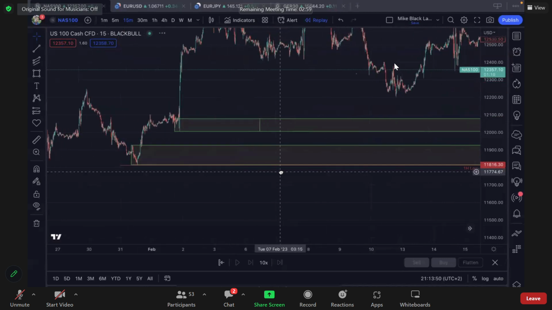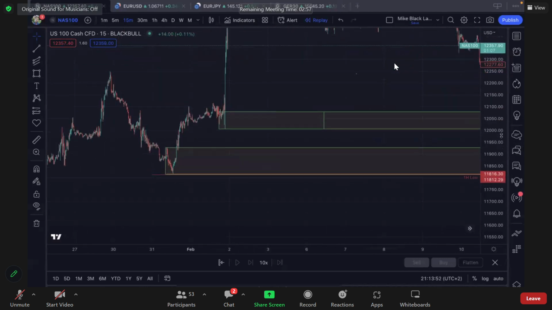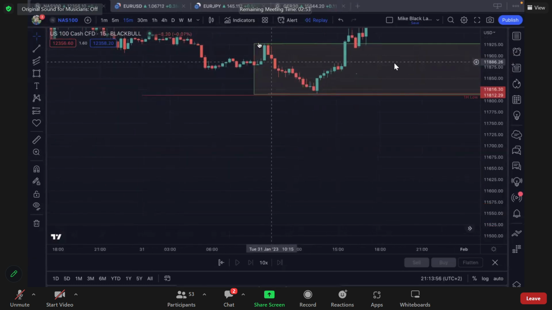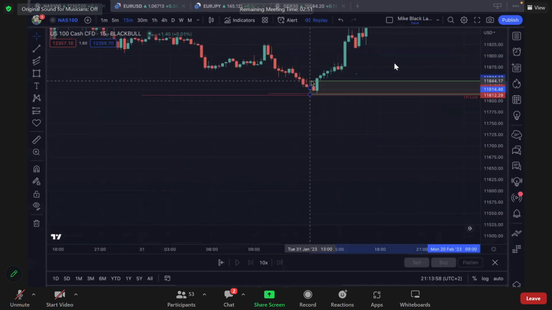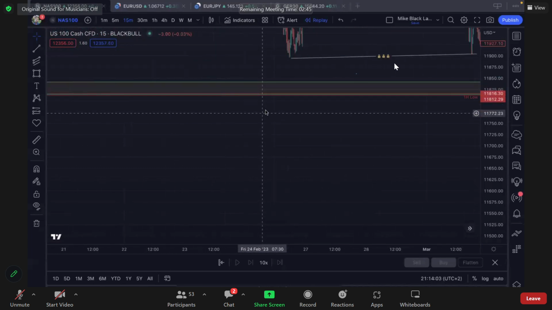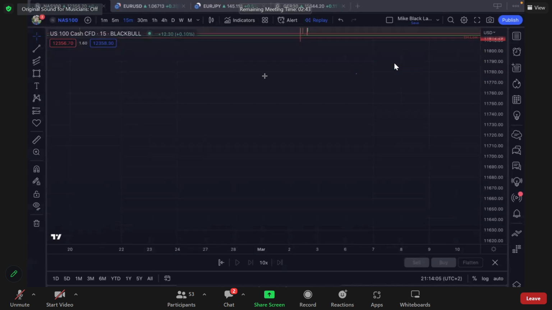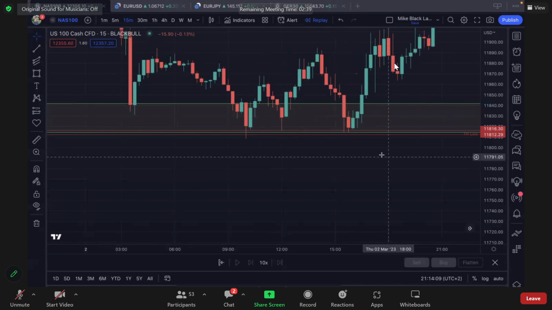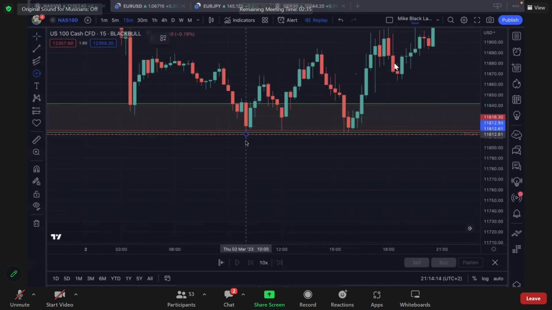Because there was a, can you see the 15-minute supply zone? And then we know that this is a weak liquidity.